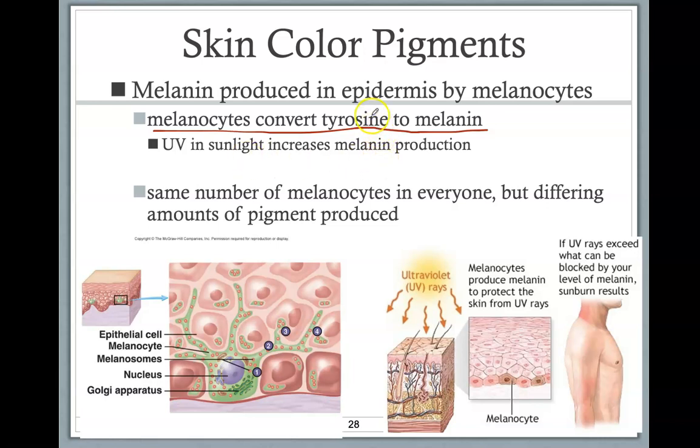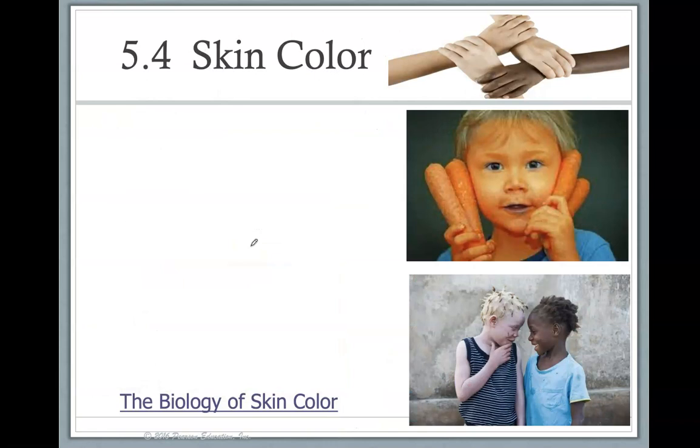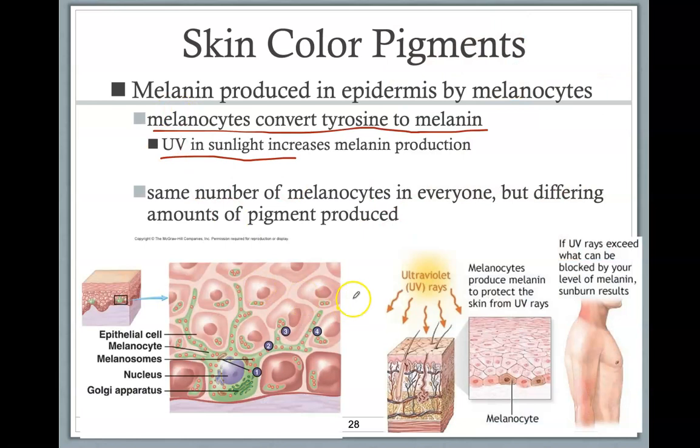And so that enzyme actually is important for converting tyrosine to melanin. So again, the UV light in sunlight is going to increase your melanin production. And just like I talked about, we have the same number of melanocytes in everyone, but differing amounts of pigment are produced.